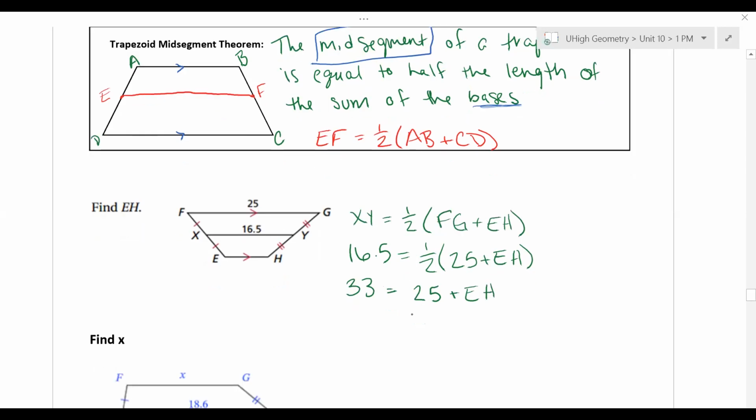And then I could subtract 25 from both sides. And I would get that EH is equal to 8. And if I wanted to double check, I could say, okay, if EH is 8, 8 plus 25 is 33, and half of 33 is 16.5, so I'm good to go.